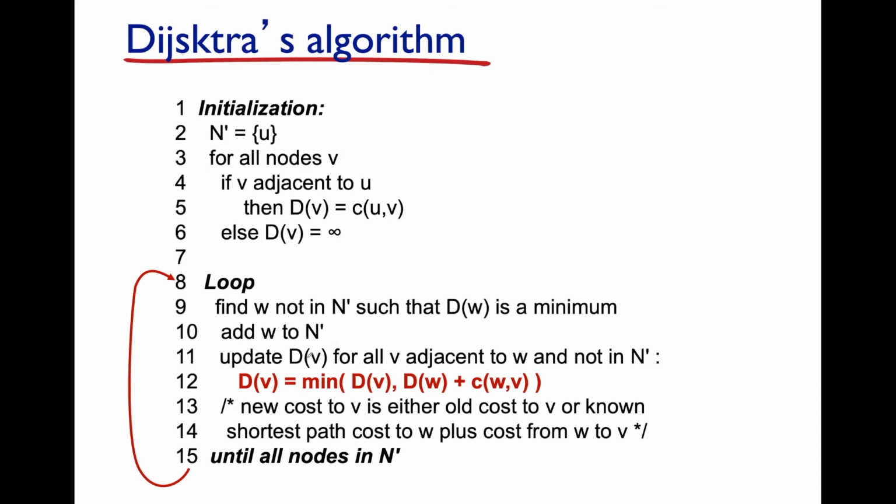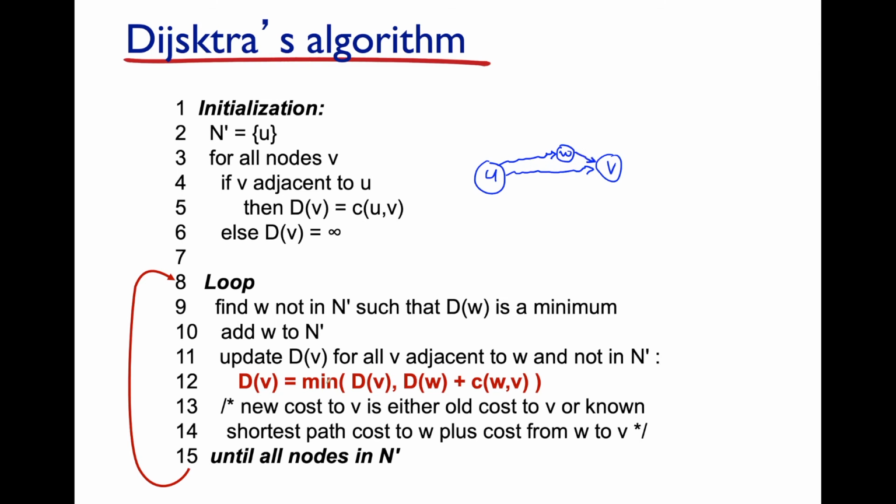If W is closer, maybe my distance vector to get to V can be improved by either keeping V, that means it's the best least cost, or going to W and then making that single hop to V. And so essentially, I have my node U, and I have my node V. And I'm asking the question, is it better to take whatever my path cost is to get to V, or is it better to go to W from U and then take that single hop from W to V?